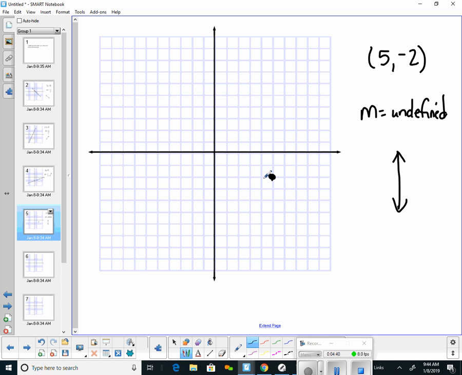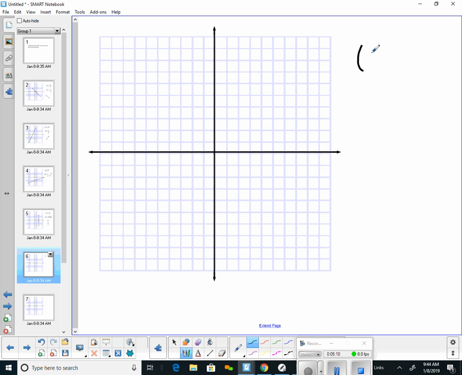And for this to be a vertical line, they've got to all stack on top of each other. And I will draw my line from there. Again, undefined is vertical. So once I plot my point, I've just got to have a vertical line.